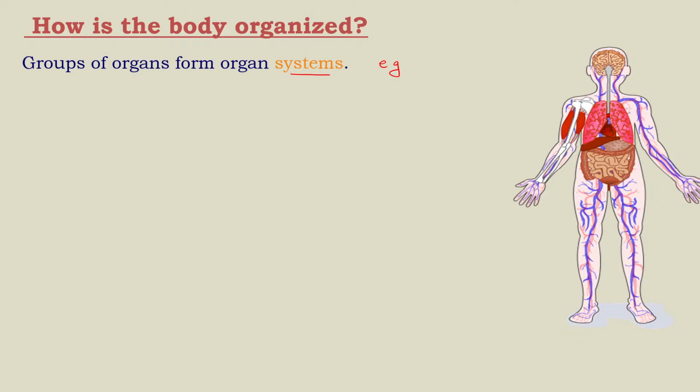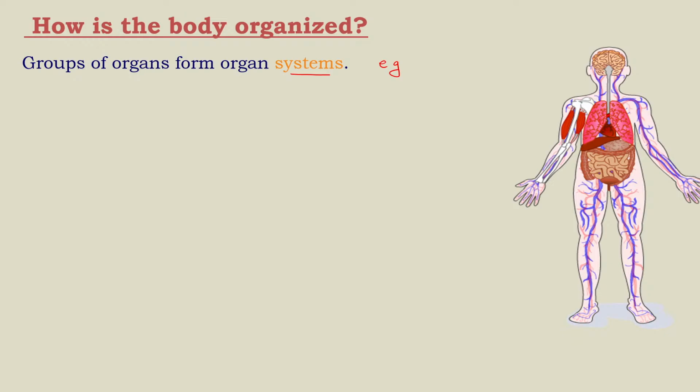These are the different organ systems. What are the organs of the digestive system? Can anyone recall from your previous class and tell me what are the different organs which make the digestive system? Or I will change my question. What are the different organs of the respiratory system?